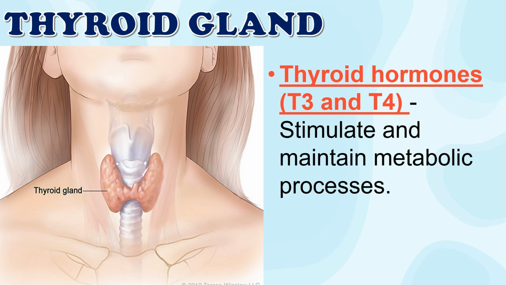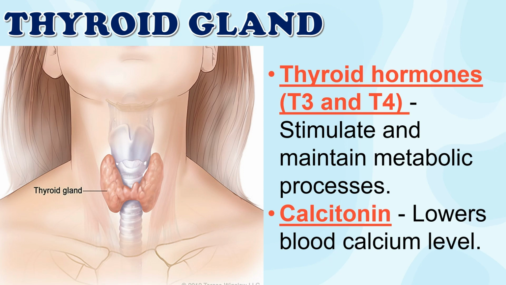They also help slow down and speed up our heartbeat. Then we have also calcitonin that lowers the calcium level. It helps regulate the calcium and potassium in our blood, opposing the action of parathyroid hormones.